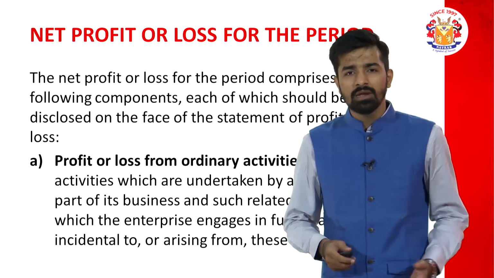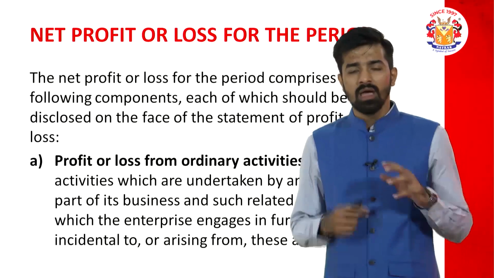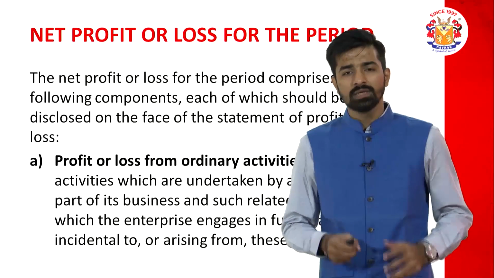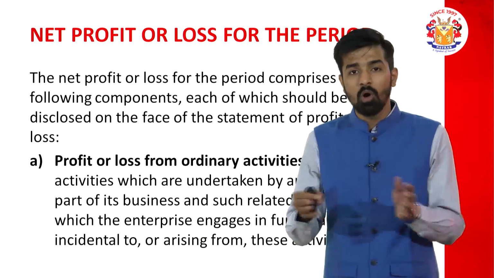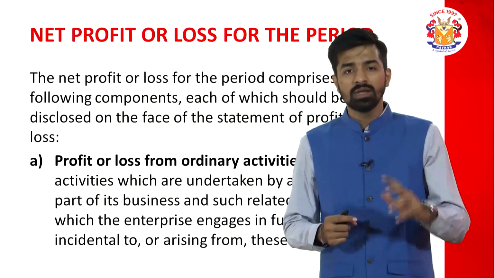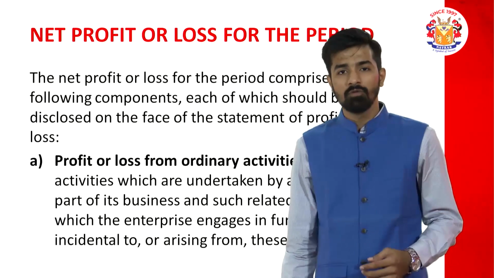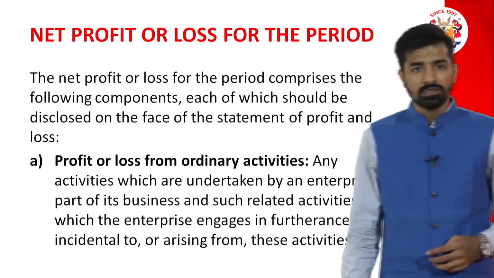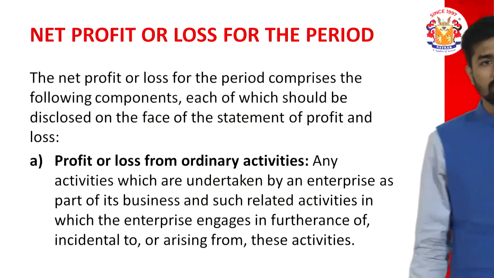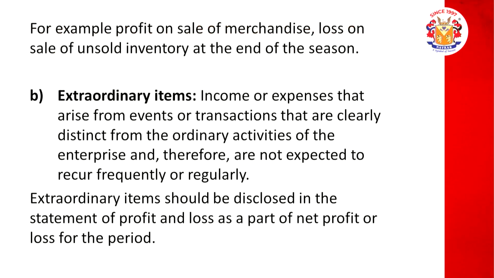Or it might be incidental or arising from these activities. The basic point is that this profit or loss comes from the regular day-to-day activities which the enterprise conducts, for which the enterprise has been made. Any activities undertaken by the enterprise as part of its business, and such related activities in furtherance of, incidental to, or arising from these activities.